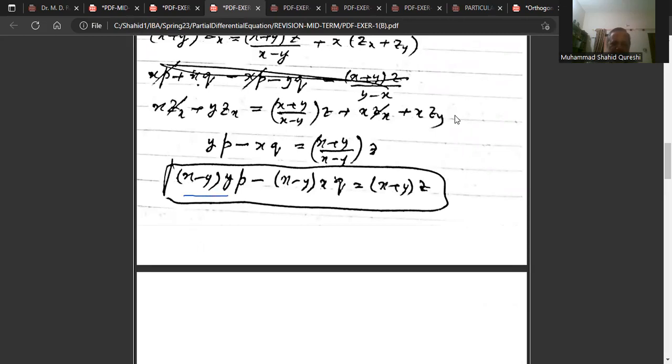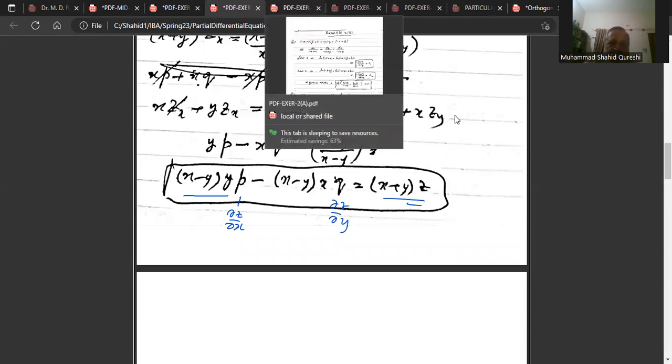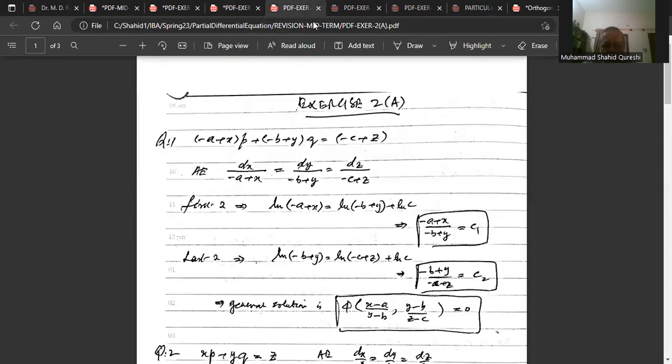Function of x y z into ∂z/∂x, function of x y z into ∂z/∂y, and function of x y z. So this is how we make a differential equation from the given.